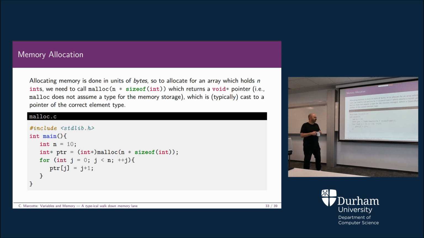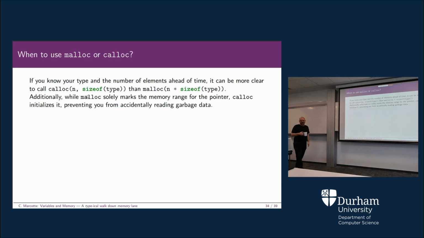Doing it by direct memory access is a little confusing sometimes. If you know the type and the number of elements ahead of time, it can be clearer when you're reading your code to instead call calloc with n and sizeof type, rather than malloc with n times sizeof type.